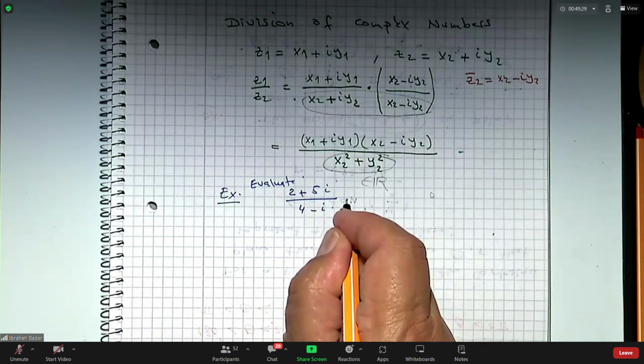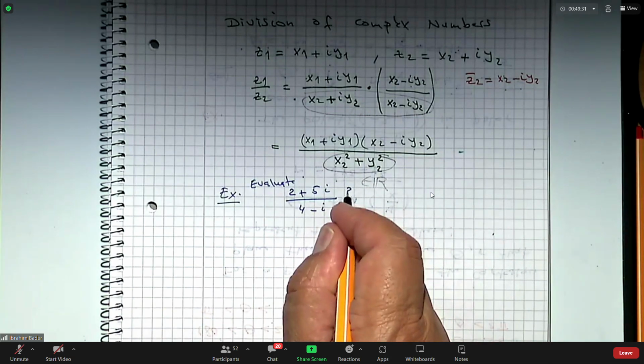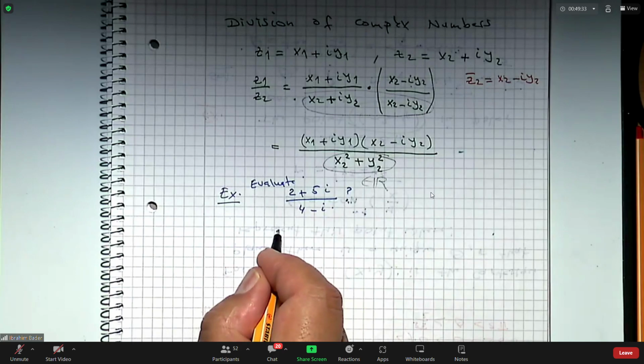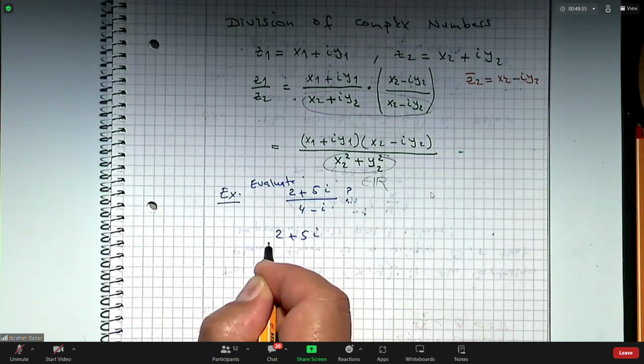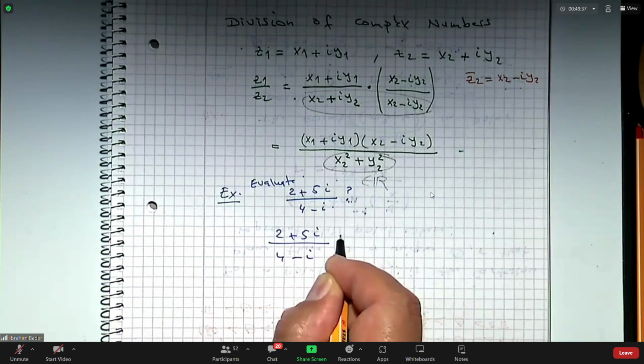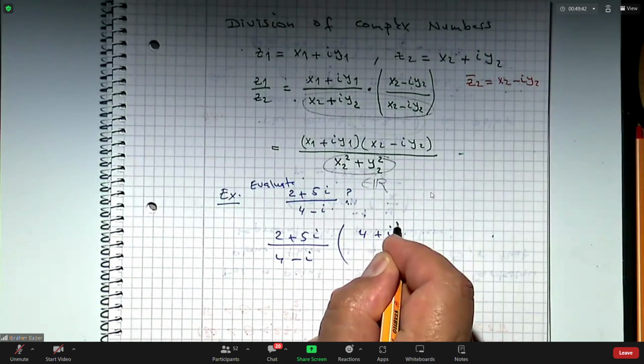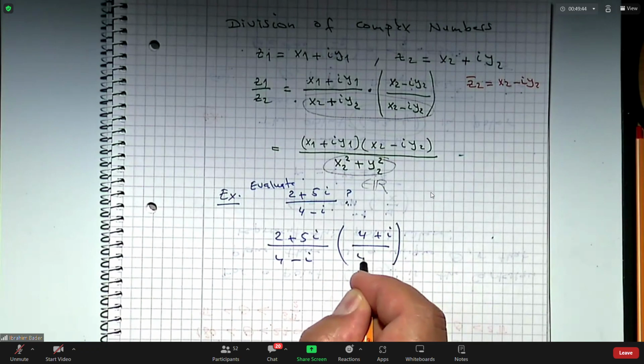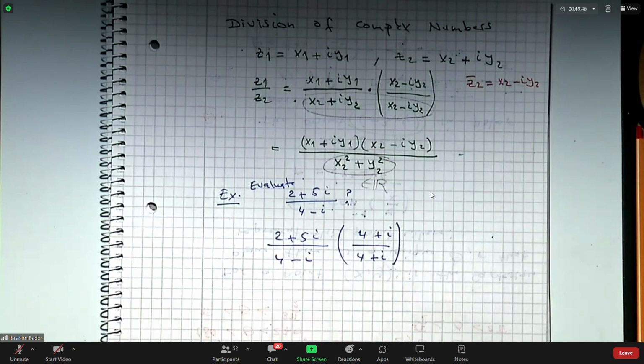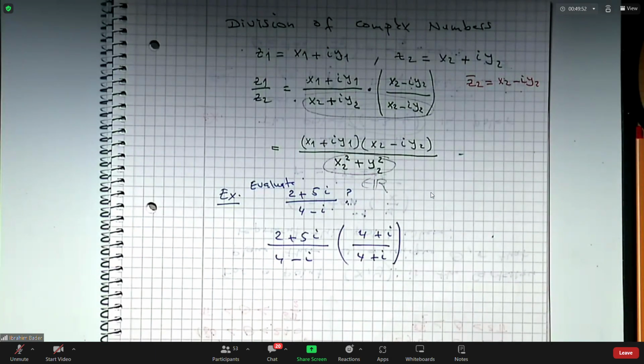Now what we do here is 2 plus 5i over 4 minus i multiplied by 4 plus i. This is actually the trick here. You just have to multiply and divide by the conjugate.